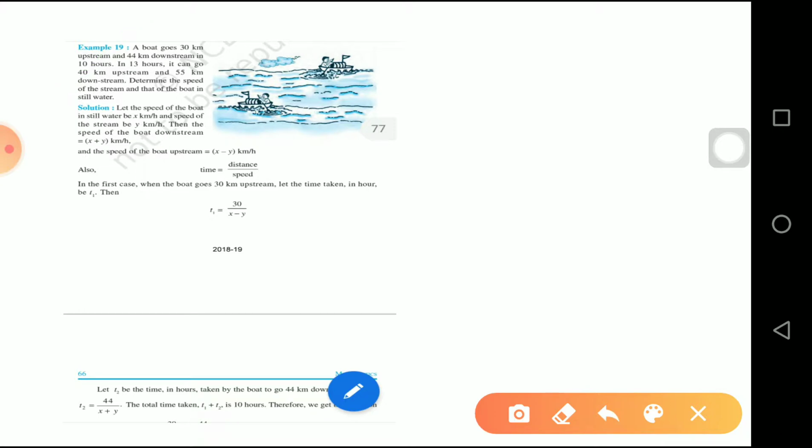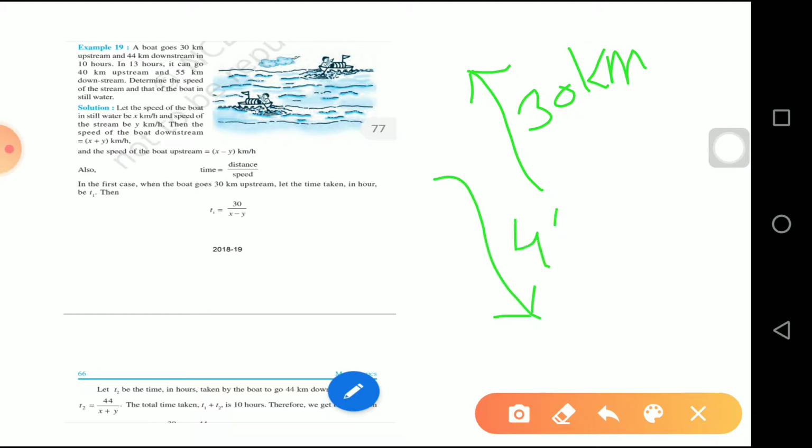A boat goes 30 km upstream and 44 km downstream in 10 hours.